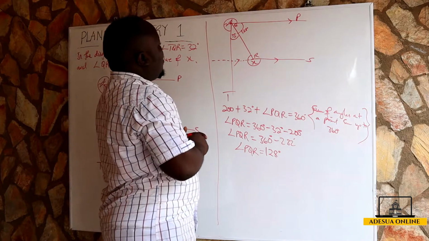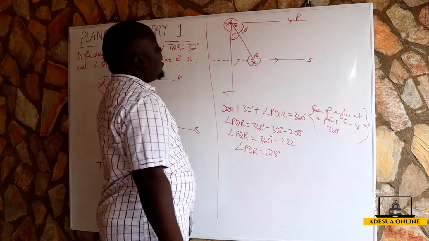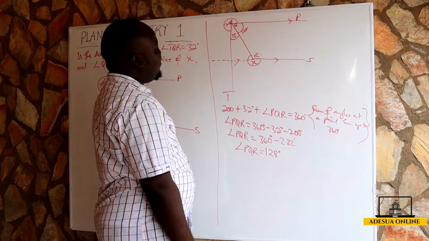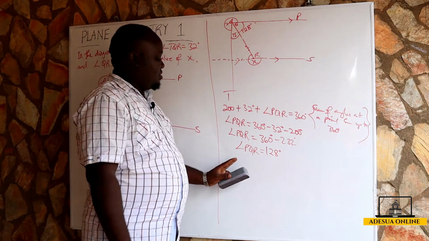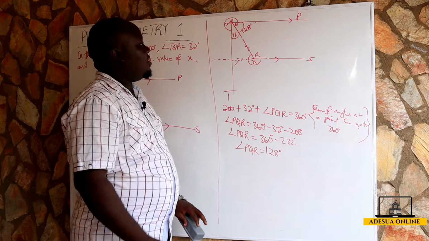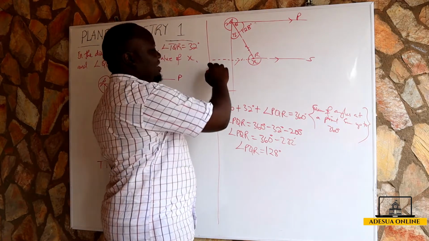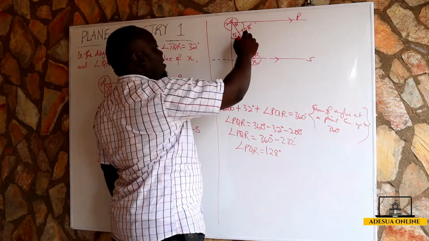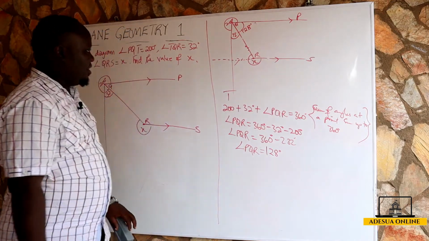So if we should get the whole of this angle, we have 128 plus 32. Now let's solve for the angle X. After solving, our angle PQR is equal to 128 degrees. Now let's try and solve for the angle X. Now we said this is parallel to this. Now if this is parallel to this, this angle and this angle are co-interior angles or supplementary angles.